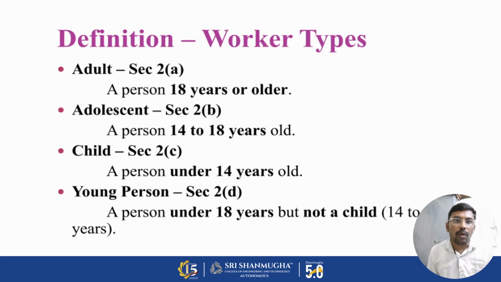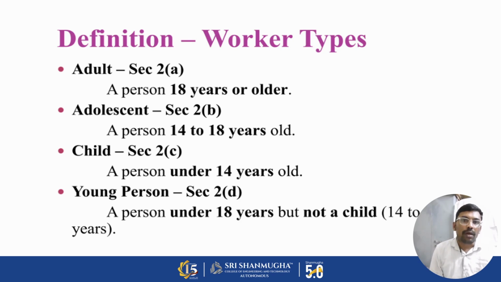After that, what are the worker types? An adult comes under Section 2(a): a person 18 years or older. An adolescent comes under Section 2(b): a person 14 to 18 years old.